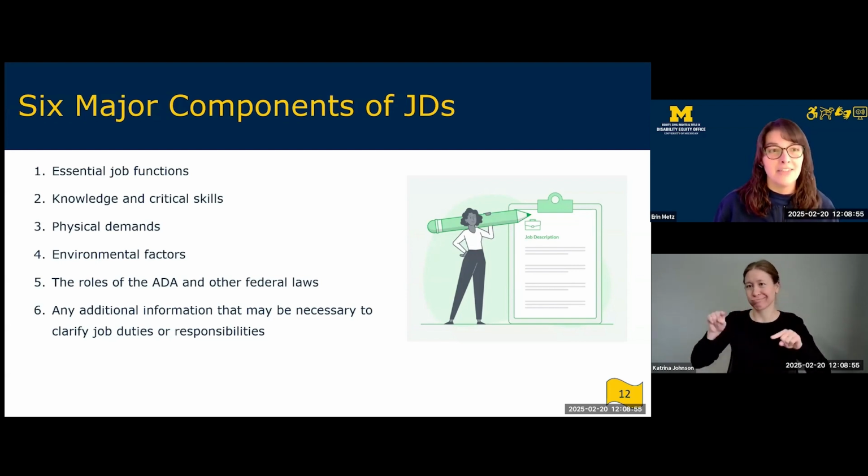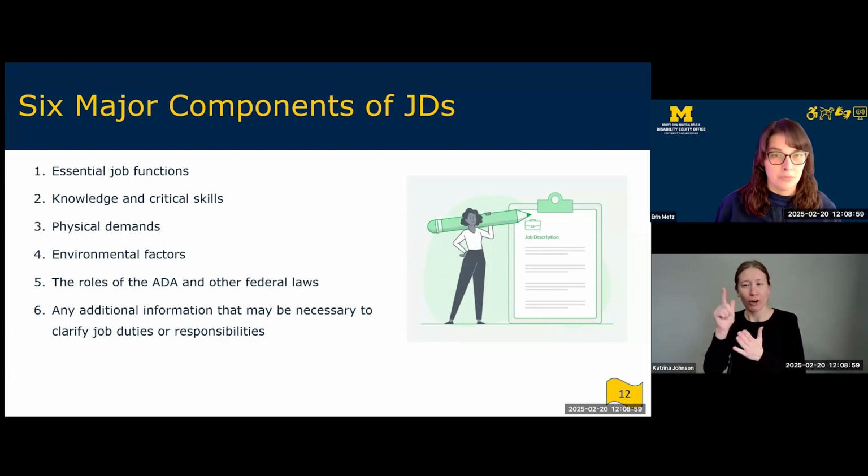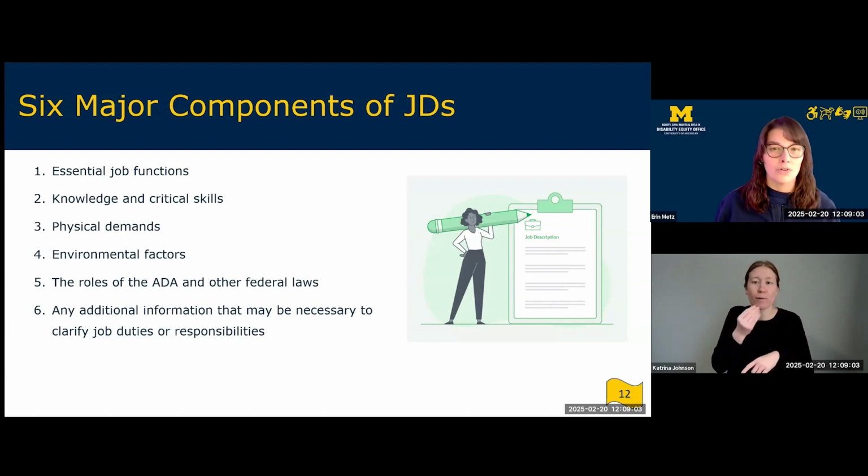Number 5, the role of the ADA and any other federal laws that may apply to the position. For example, someone working in food safety or someone who might be working under the Fair Housing Act or any other necessary laws. And number 6, any other information that might be necessary to help clarify job duties, responsibilities, or skills.